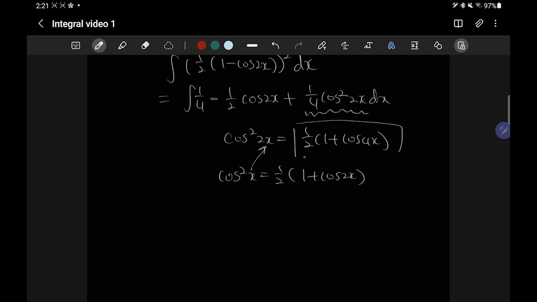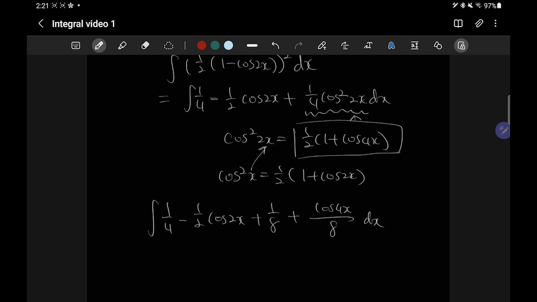If we have this function replacing the last term in our original integral, then now we have the integral of 1/4 minus 1/2 cosine 2x plus 1/8 plus cosine 4x over 8, times dx. Now, each of these integral terms is easy to integrate.